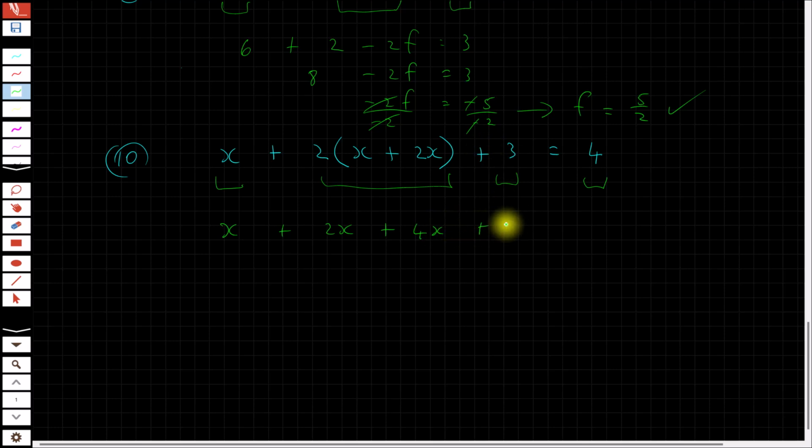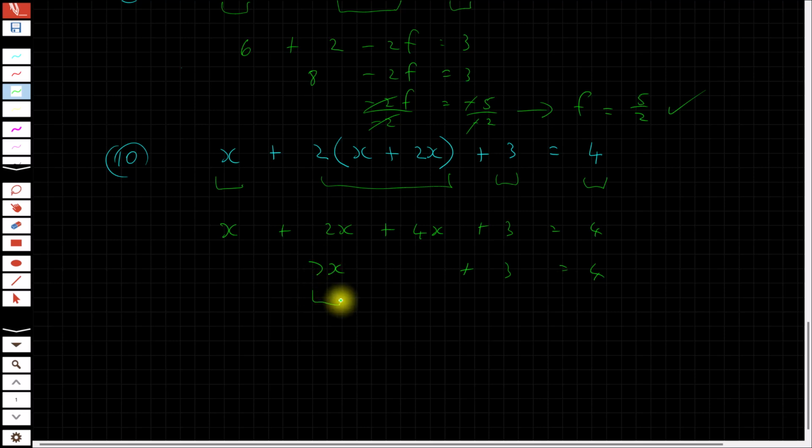And then we have a plus 3 equals 4. Let's combine all these x terms. So 1x plus 2x plus 4x is 5, 6, 7x plus 3 equals 4.